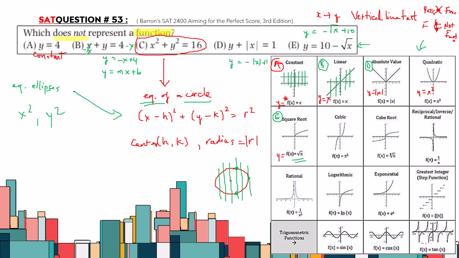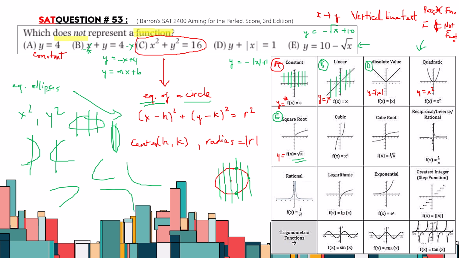It's just the equation of an ellipse or a hyperbola. It looks like that, or an ellipse looks like that, so it fails too. And we also have another type, something that looks like that, the reciprocal. This one's still okay.